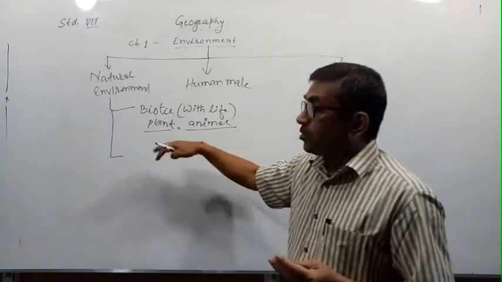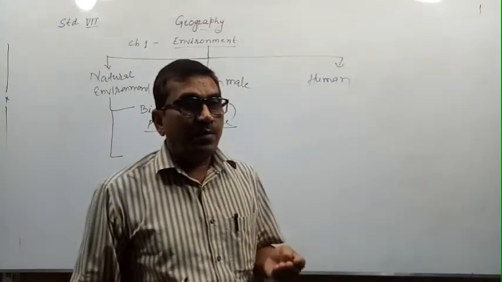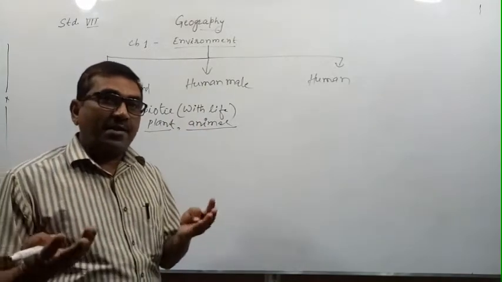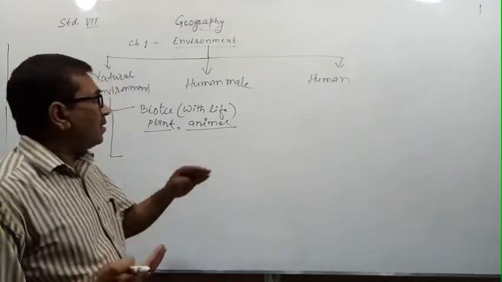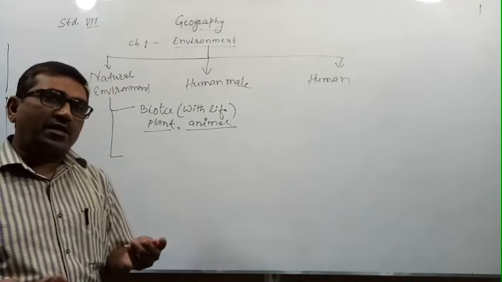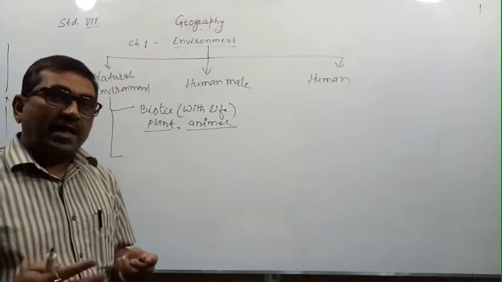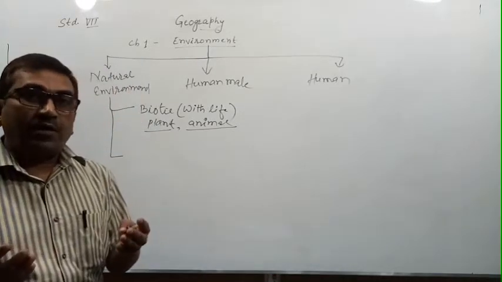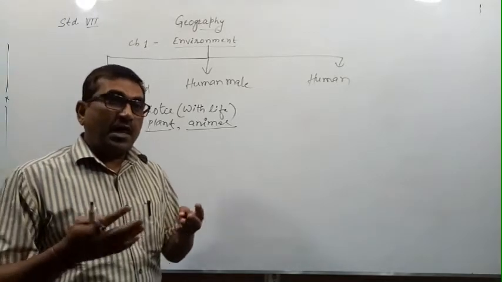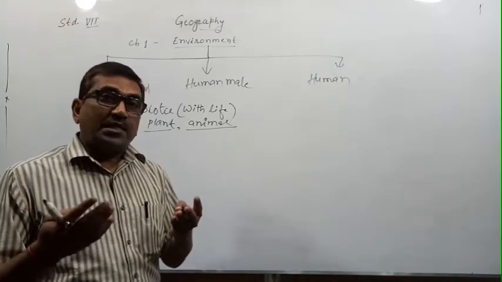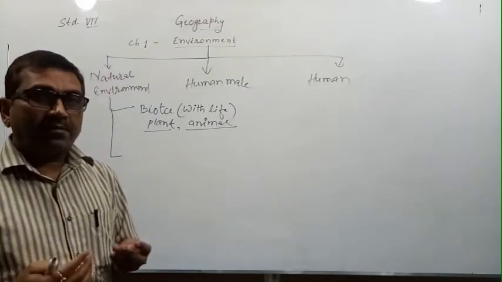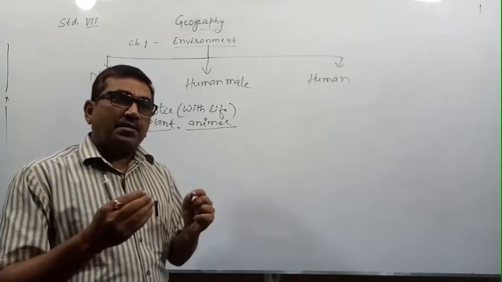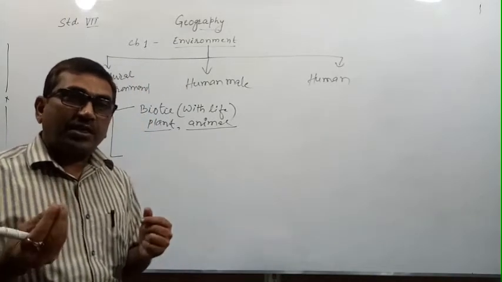What type of plants grow simply depends on the environment, actually the climate, that we have discussed earlier. Some parts have plenty of coconut, some parts of India have plenty of groundnut, some parts produce soybean, like the area of Madhya Pradesh, and some parts produce mustard oil.